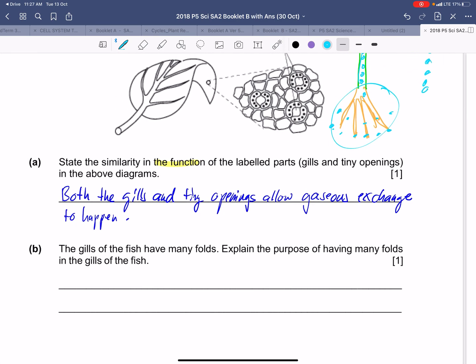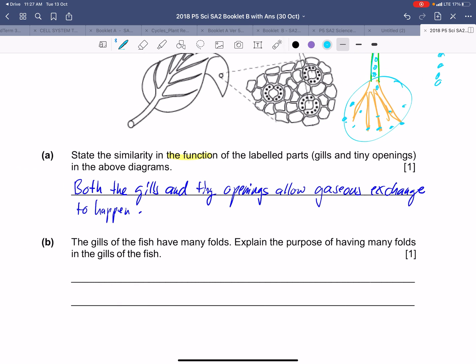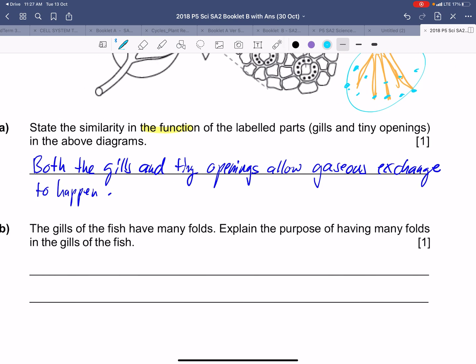Next, the gills of the fish have many folds. Explain the purpose of having many folds. Now, what is the problem with most of your answers? Firstly, you must understand, the folds is an adaptation to make a job more efficient.